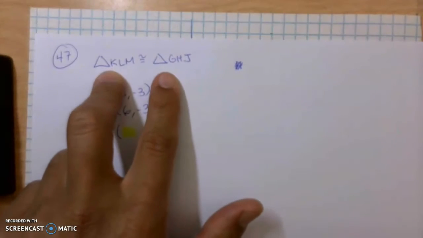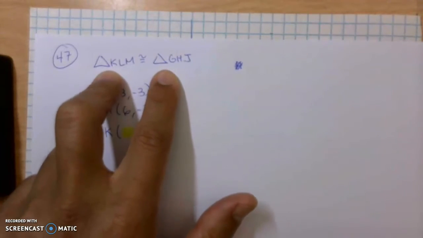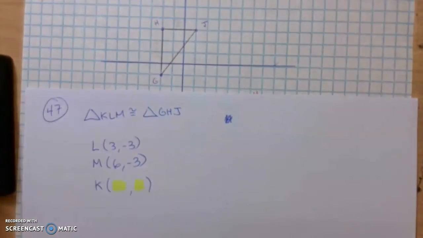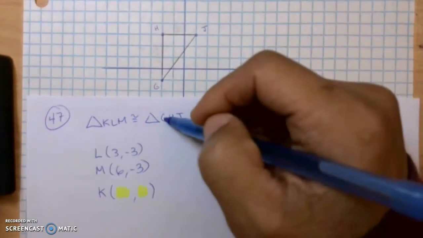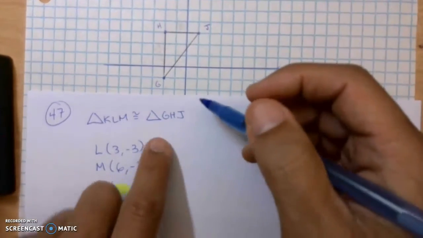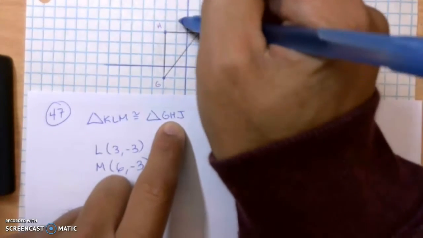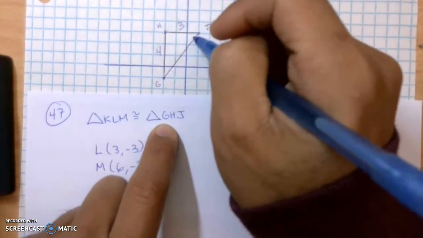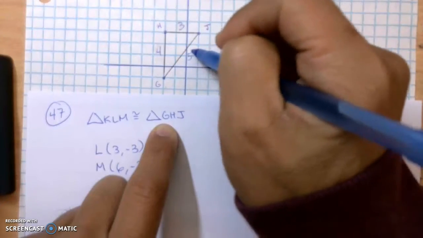Let's also remember that these two triangles were equal from the previous work. This triangle here, which is GHJ, H to J is 3, G to H is 4, and when we did problem 46, we figured out this to be 5.